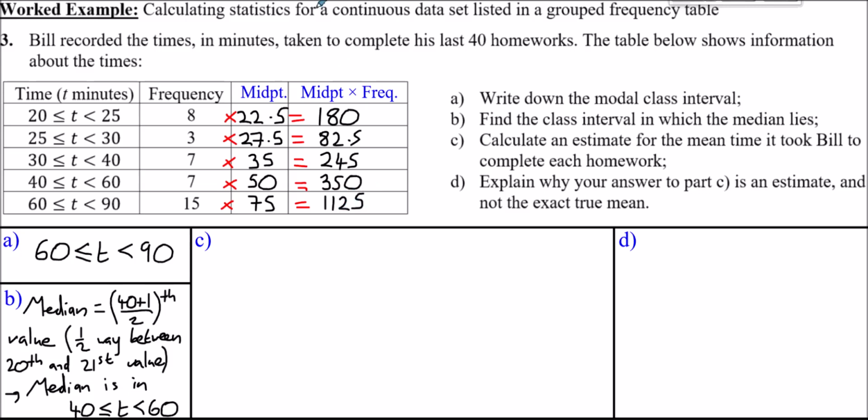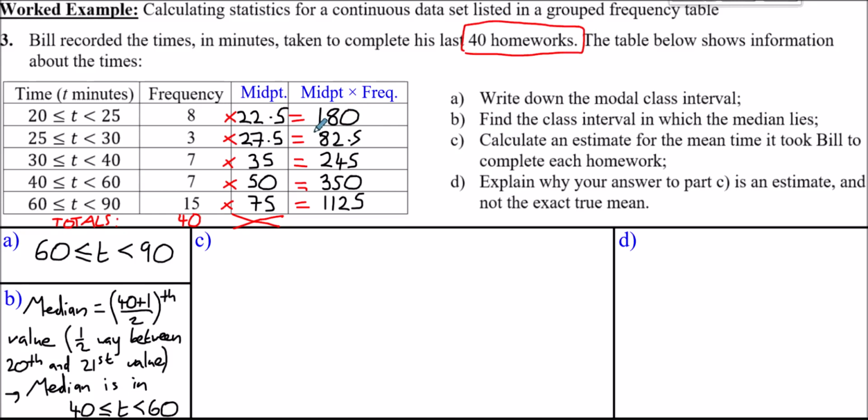Now what we're going to do is we're going to total up the frequency. So this one comes to 40. We're not going to total up the midpoints because that just gives us a nonsense. By the way, the frequency total was given here. It did say there were 40 homeworks. And the midpoint times the frequency, we also need to total these up as well.